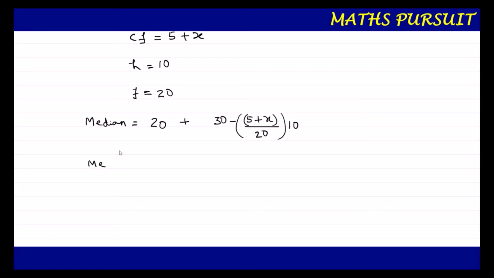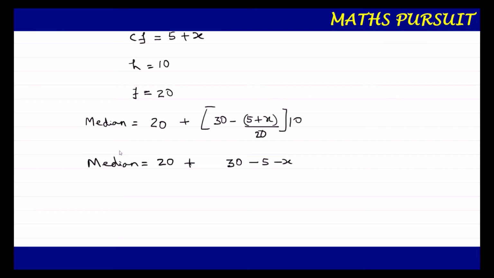Or I can write median is equal to 20 plus, let us first solve the things within the bracket, which is 30 minus 5 minus x.